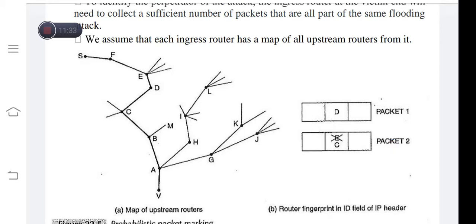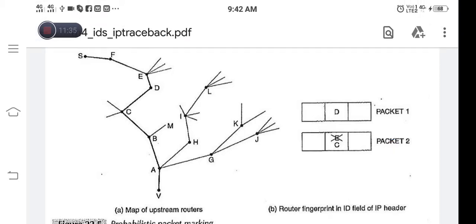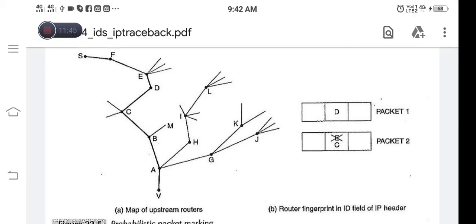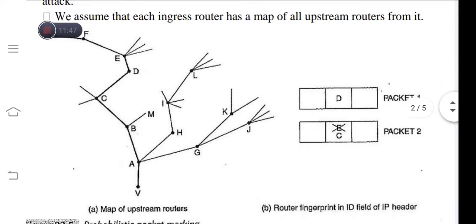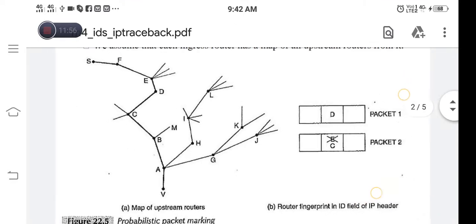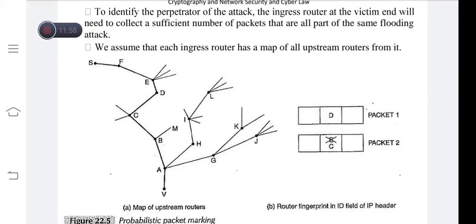Whereas in packet 2 we are seeing in the ID field of the packet, first it was marked by router E and then its ID field was again overwritten by router C. Okay, so what's the difference between packet 1 and packet 2?